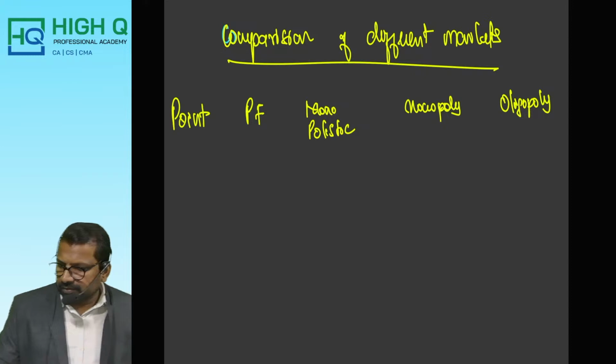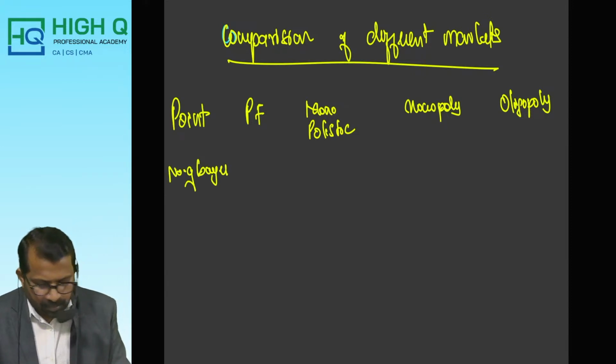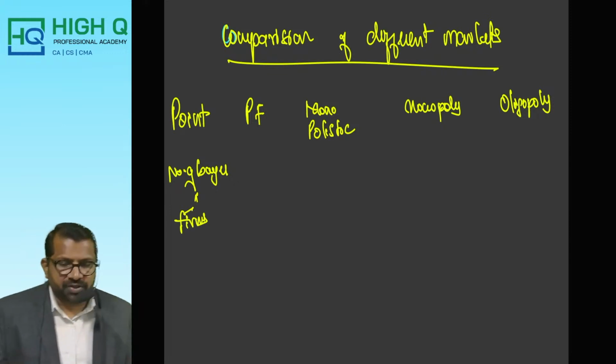The comparison. First one is number of buyers and firms.